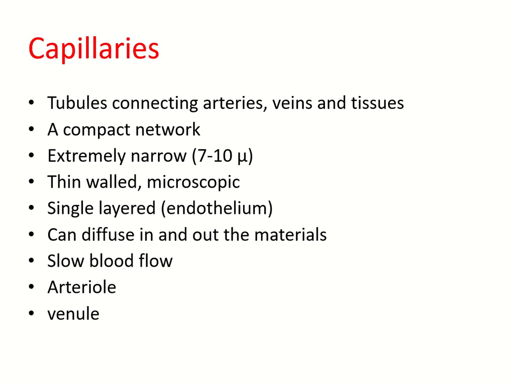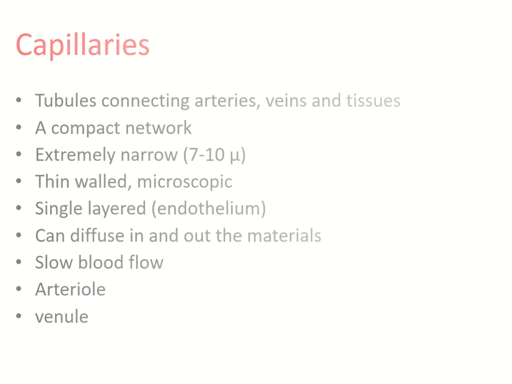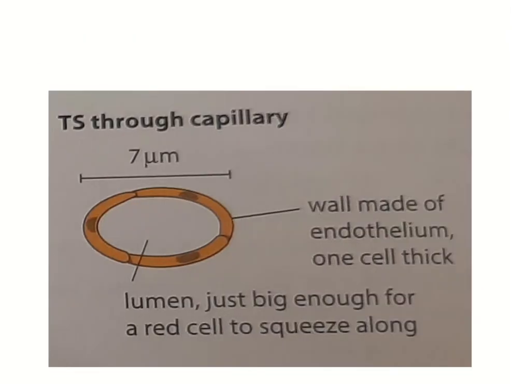The third one are capillaries, the most fine hair-like structures, a network-like structure which connects the arteries, the veins, and all the cells and tissues of the body. They are extremely narrow, about 7 to 10 micron. You can see its picture also.